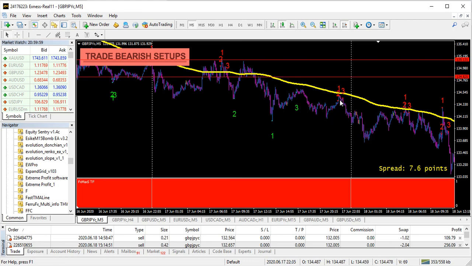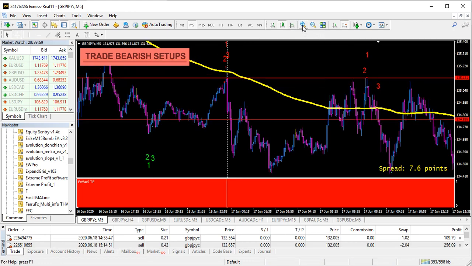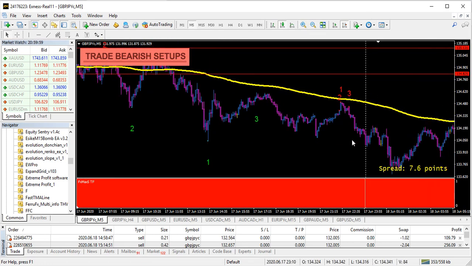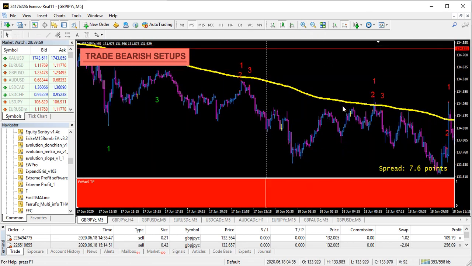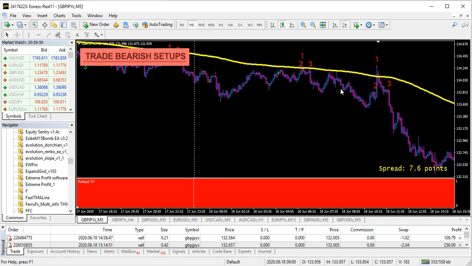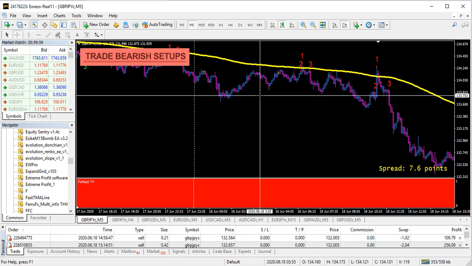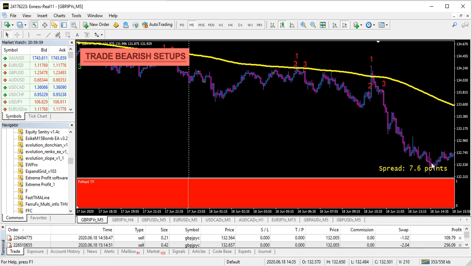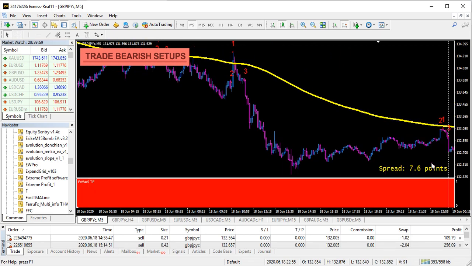Now, let's see if this one touched the 200 moving average. Price didn't touch it, so it is struggling. Here it touched the 200 moving average, so you would have entered here, with about 35 pips also. This is another good entry here.